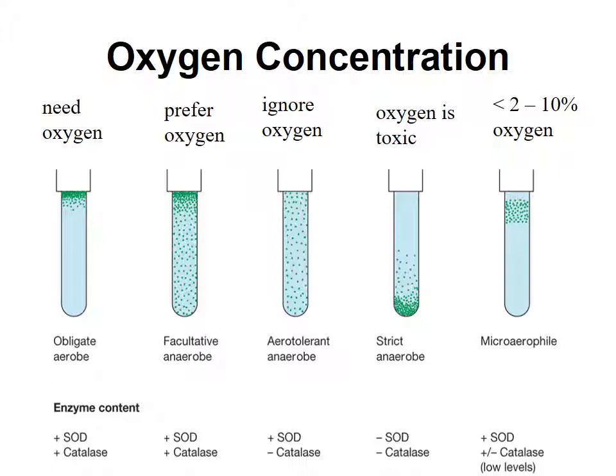So if we look at the tube to the left, which contains an obligate aerobe, you can see the bacterial colonies tend to grow near the surface of the culture, where the greater oxygen concentration is present. Whereas if you look at the fourth tube, the strict anaerobe, you can see most of the growth is occurring towards the bottom of the tube, where there is less oxygen.